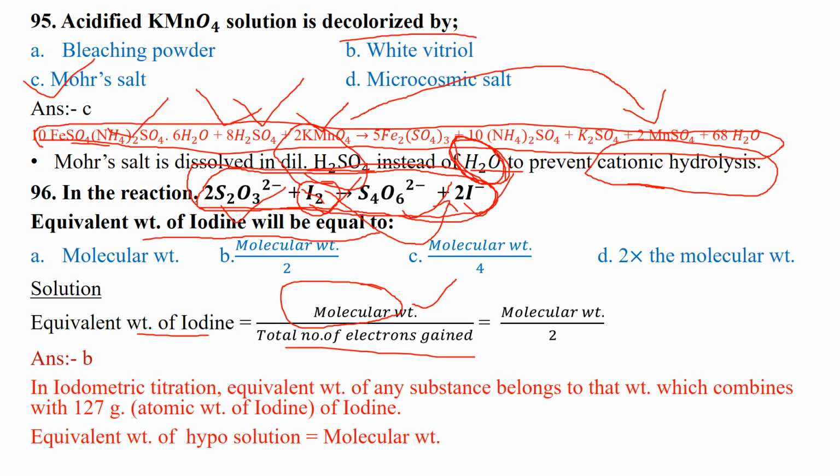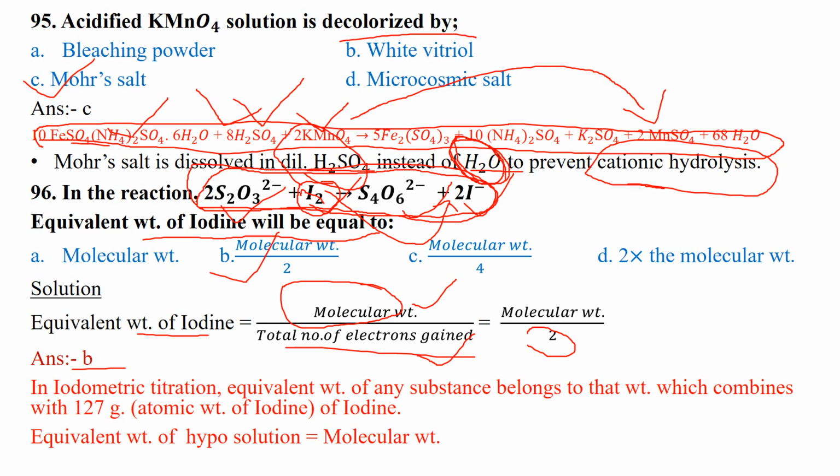For 2 iodine atoms, it is 2. So total number of electrons gained will be 2. We have to calculate the total change in oxidation numbers, right? For a single iodine atom the total change is 1, for 2 iodine atoms, 2. So answer will be B, molecular weight by 2.